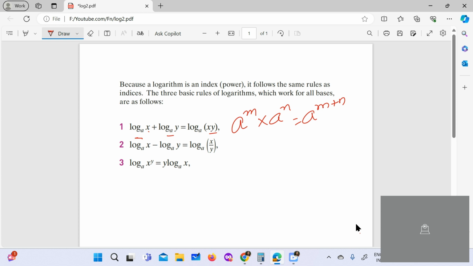Okay, very good. Now the second rule is log base a x minus log base a y, which is nothing but log base a of x upon y. If you remember the exponent rule, a to the power of m divided by a to the power of n is a to the power of m minus n, right?